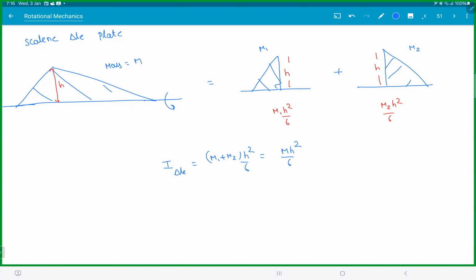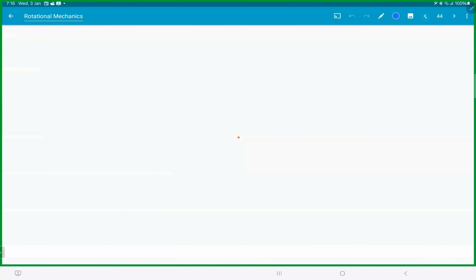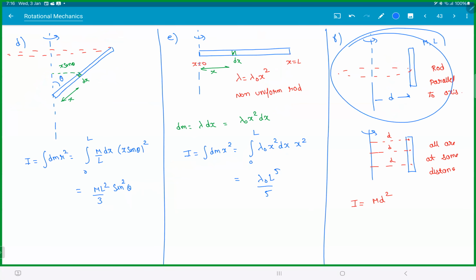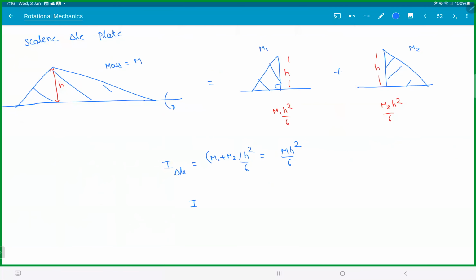Horizontal strips is also right. Horizontal strips, if you'll take this thing, then the distance will be dm md square. ये result use करना था. F case you will use. Right, Adrit? You will use F case. I use the second case. So this, remember, about the base for triangular plate, not rods, will depend on the total mass and the height square by 6, independent of B. This is a better result.